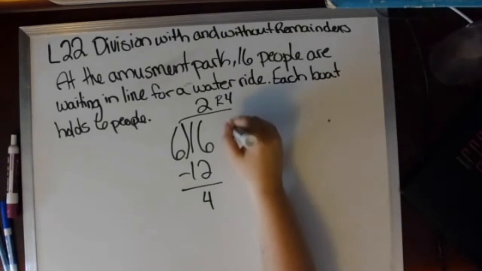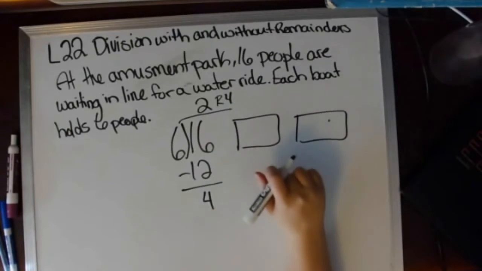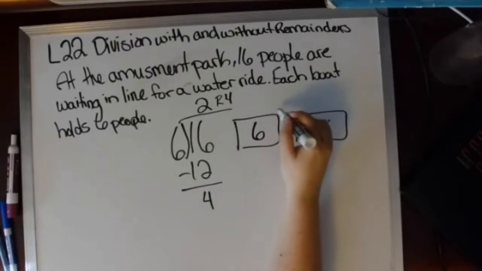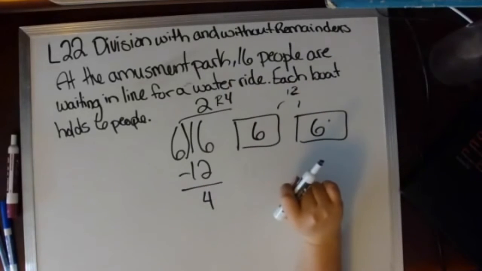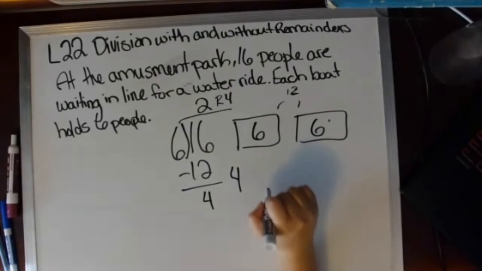Okay, there we go. Because I have 2 boats, and each boat holds 6 people, we already figured that out, so I have here 12 people. The issue is we have 16 people in total. We don't want to leave these 4 little people off on their own so they don't get to go ride.